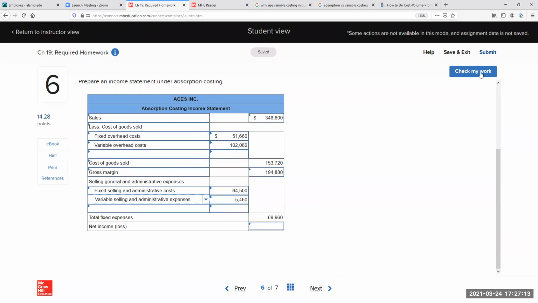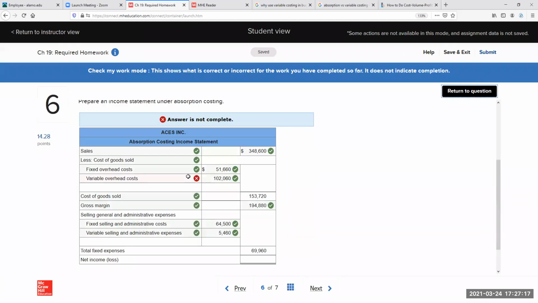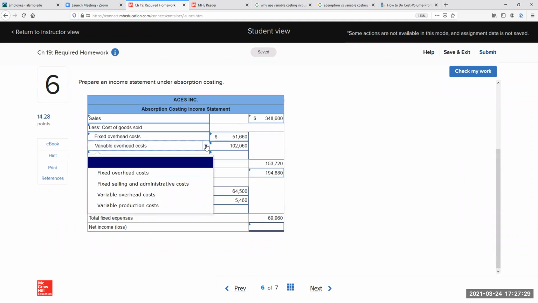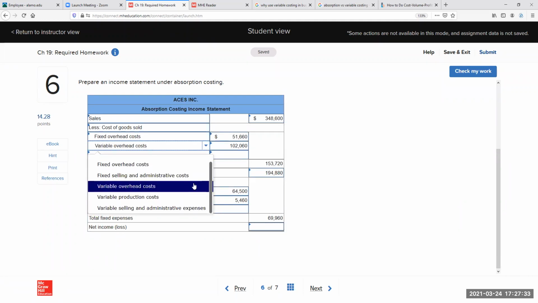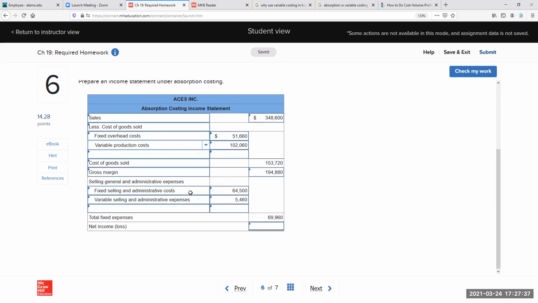All right, so let's check our work. Well, what is it called then? Variable overhead, fixed overhead, fixed selling, variable overhead. Oh, variable production cost, variable production.